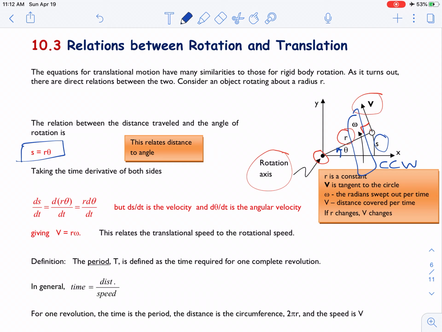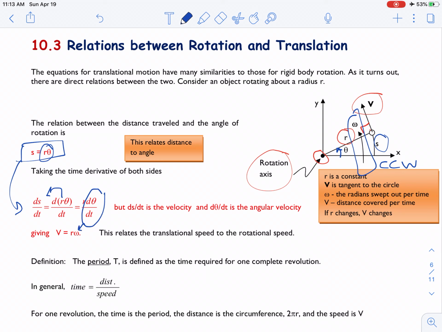Okay, it's very important. Now, if you take the derivative of both sides, because this is how you relate the distances, what about the velocities? Take the derivative. Left side becomes ds over dt. Right side, you're taking a derivative of r theta, but r is constant, so it comes out of the derivative. It becomes r d theta over dt. And what is d theta over dt?